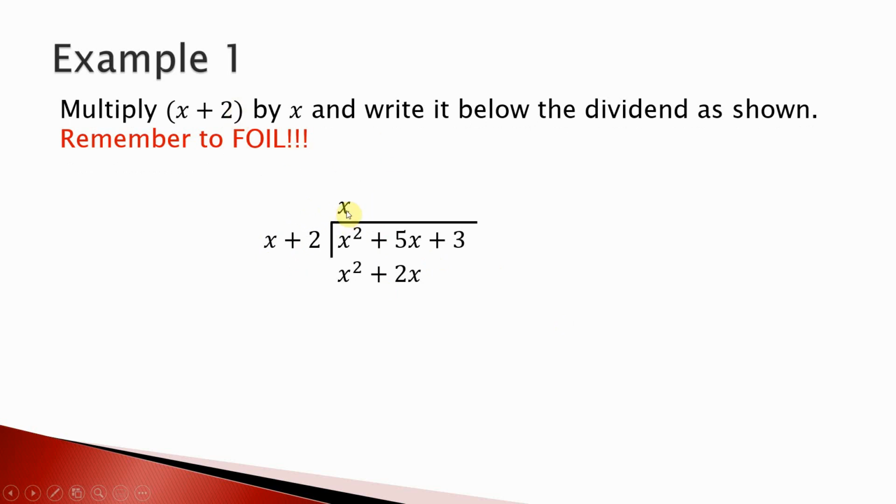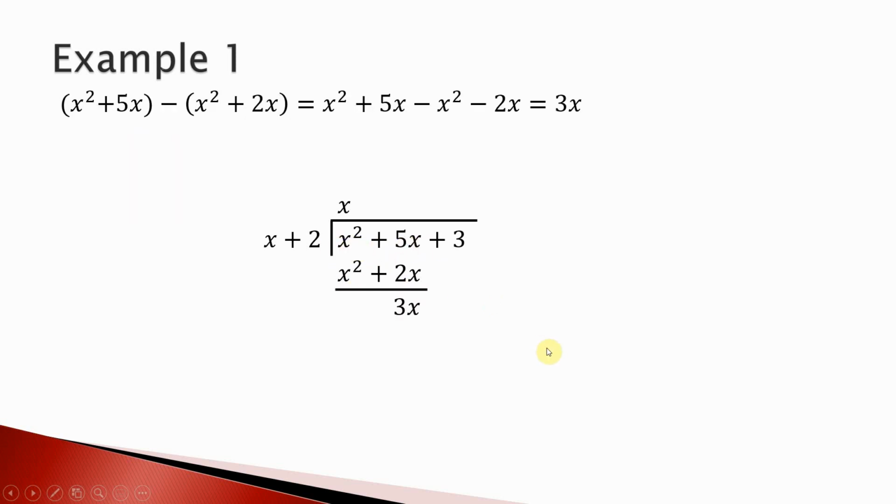So you will get x squared plus 2x, and you write it down in this way. Okay, and then you subtract this from these two terms. So you have to subtract this from this.